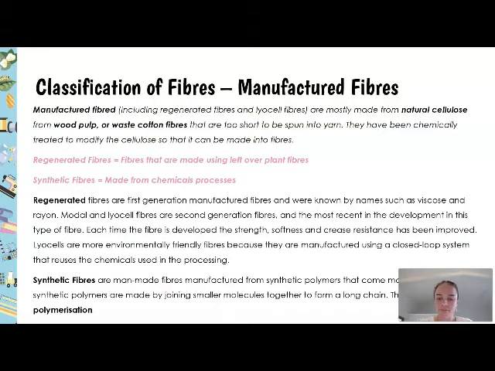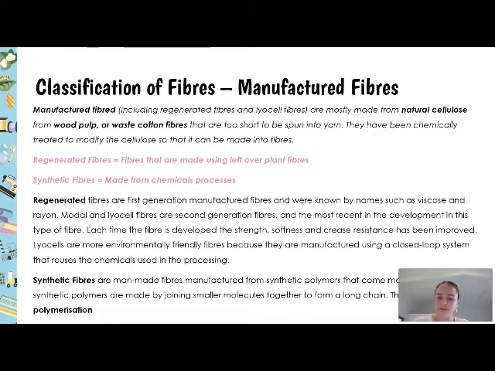So regenerated fibers are first generation manufactured fibers and were known by names such as viscose and rayon, okay? Modal and lyocell fibers, so these are just types of fibers that they've made, are second generation fibers, and the most recent in the development in this type of fiber.